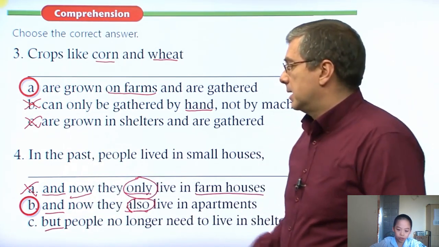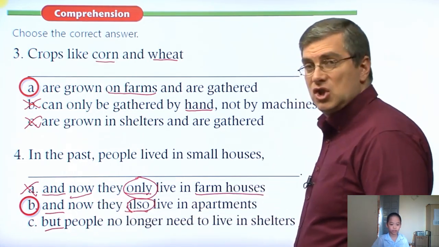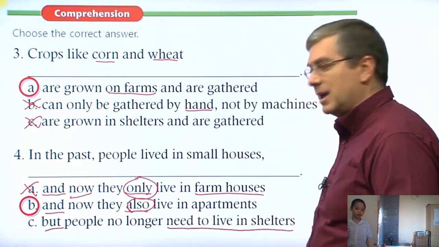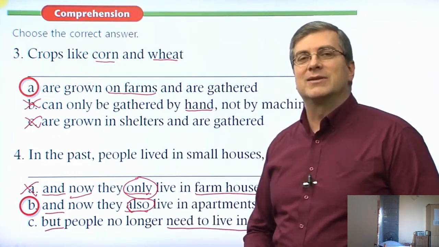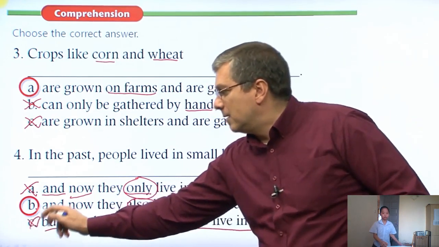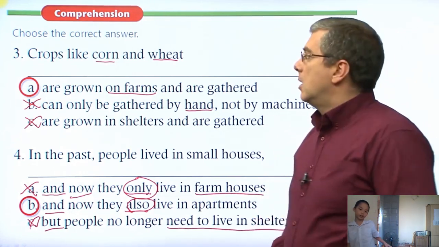Not all people live in apartments. So B will be our correct answer. Let's go to C to practice. But people no longer need to live in shelter. No, I still live in a shelter. So C will not be our correct answer.